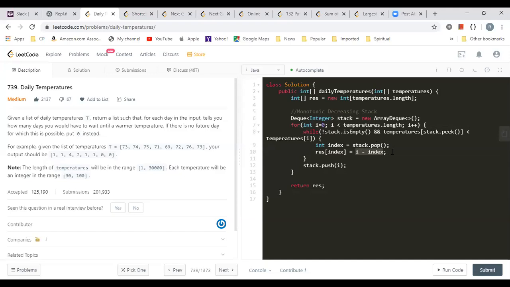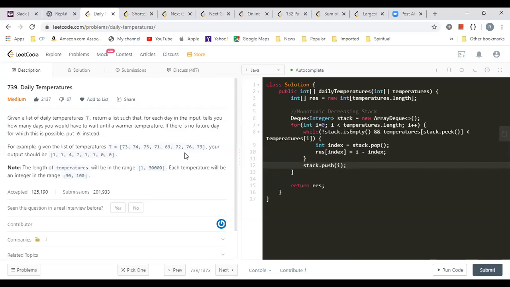The duration, not the index. When 76 comes, 75 can be filled with this value, saying, hey, I had to wait 4 days. And then we maintain this decreasing stack as usual. It's the same problem, just the story has changed to a daily temperature thing.